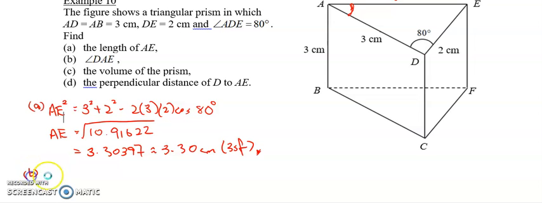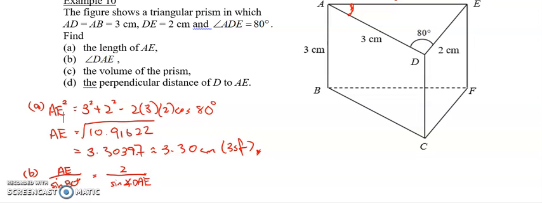To form our sine rule, we have AE over sine 80 degrees equals to, we are supposed to find angle DAE, so we know DE is 2 cm, which is opposite of angle DAE, so 2 over sine of angle DAE.